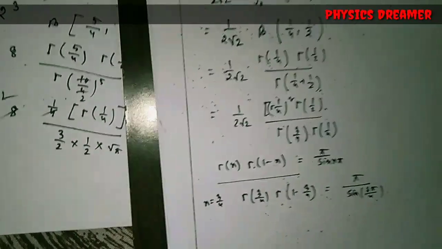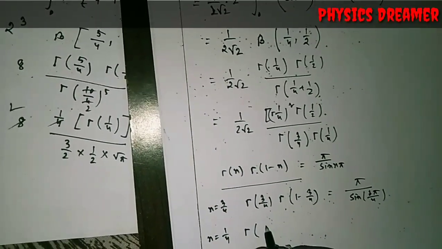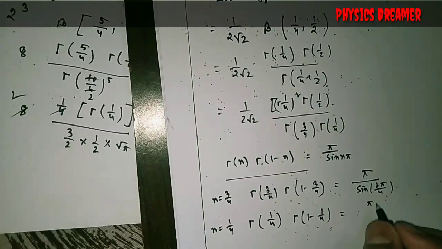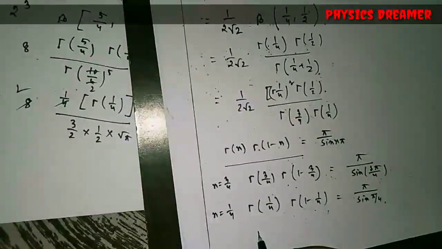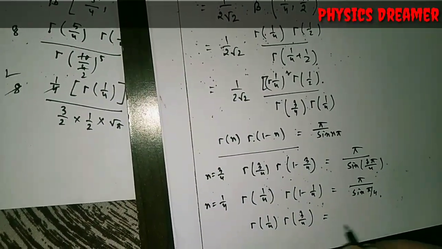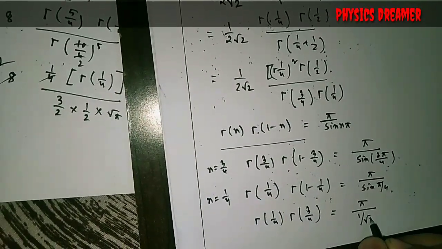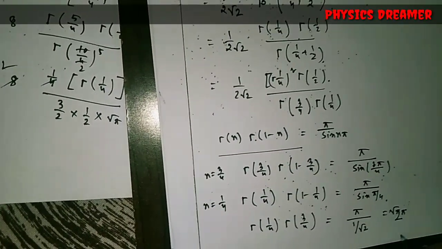Okay, now for n equal to 1 by 4, we will get gamma of 1 by 4 gamma of 1 minus 1 by 4 equals pi by sin pi by 4. Okay, so gamma of 1 by 4 into gamma of 3 by 4 equals pi by 1 by root 2, equals root 2 into pi.